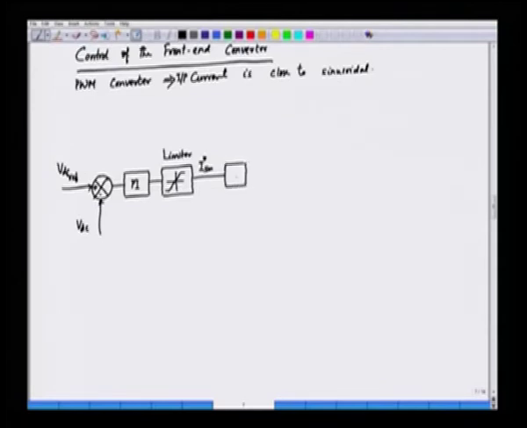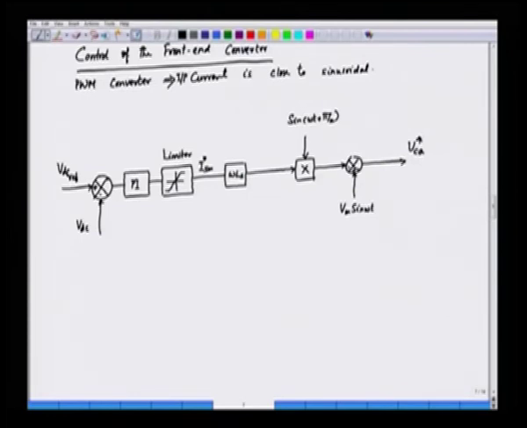This we multiply with omega Ls, the reactance, and then for one phase, if we talk about only phase A, we multiply this with sin(omega t plus pi by 2), and then we have the voltage from the source, Vm sin omega t, and we generate the phase reference, VCA reference. Now, this is basically for phase A.